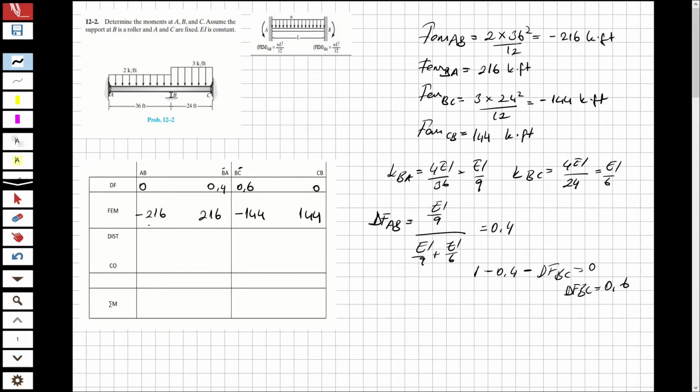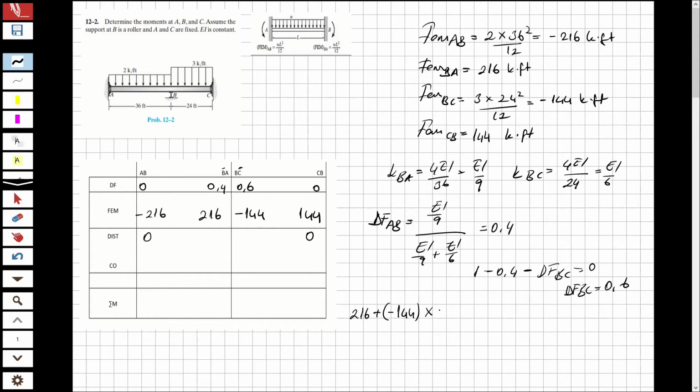How am I going to distribute? When I take this moment and multiply with its own distribution factor, it's going to be 0. So I'm going to write here 0. And this one, when I multiply it with its own distribution factor for CB, will be 0. And for BA, I'm going to take the summation of both moments.